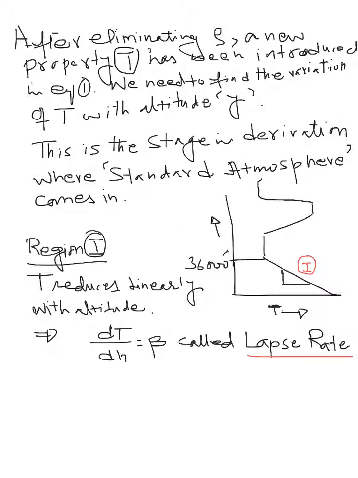Make sure that this relationship will exist for the range of h that varies from 0 to 36,000 feet for region 1, called the troposphere.